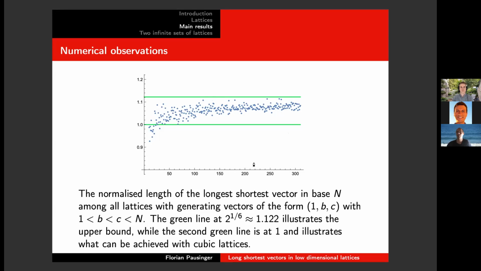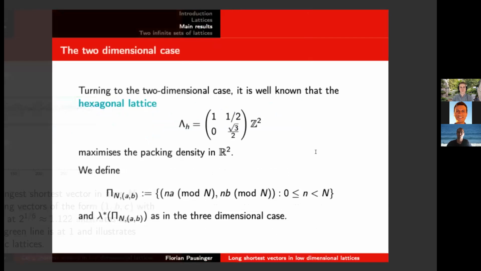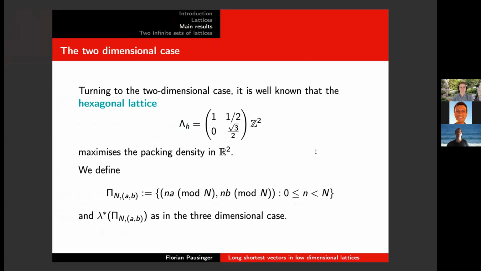So in the beginning, I was not very hopeful that there are actually lattices that can achieve this optimal upper bound.